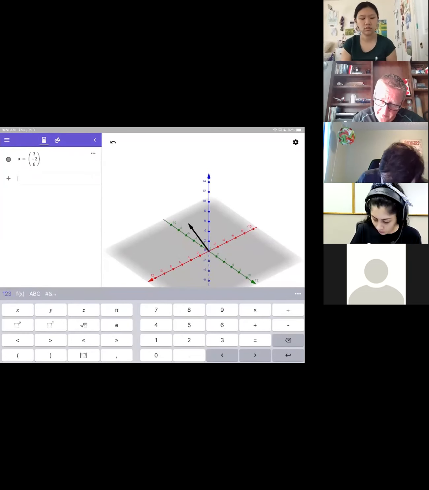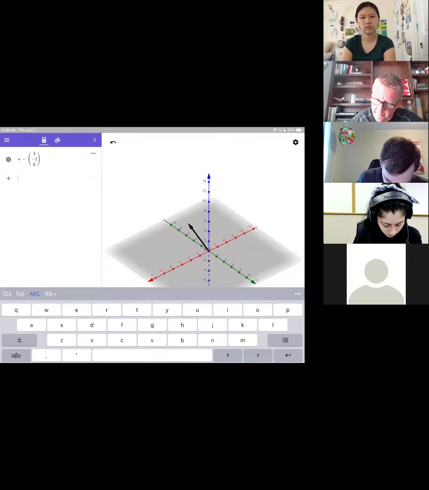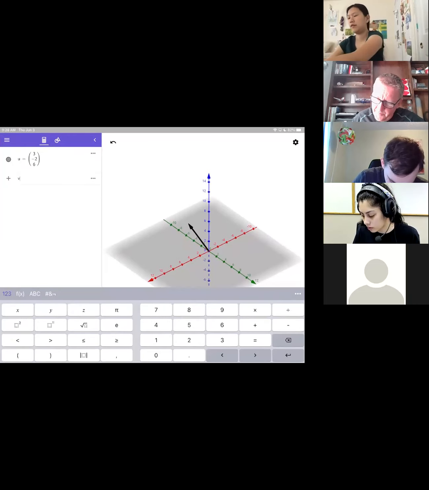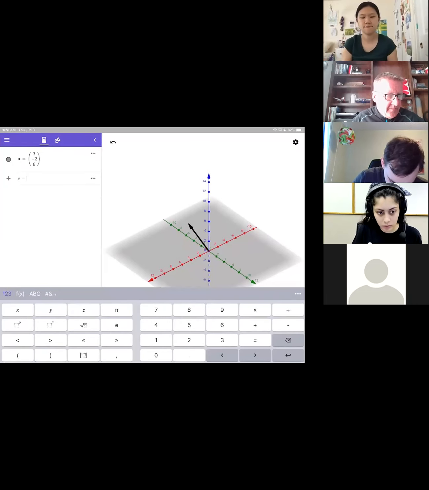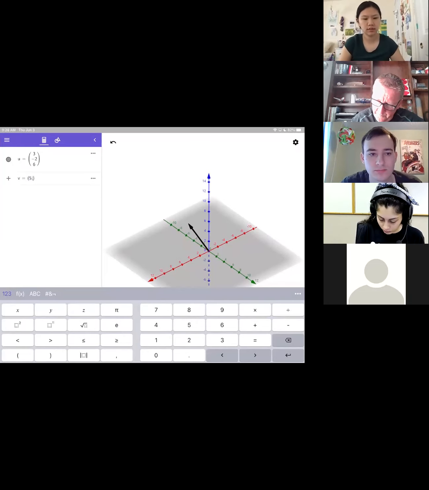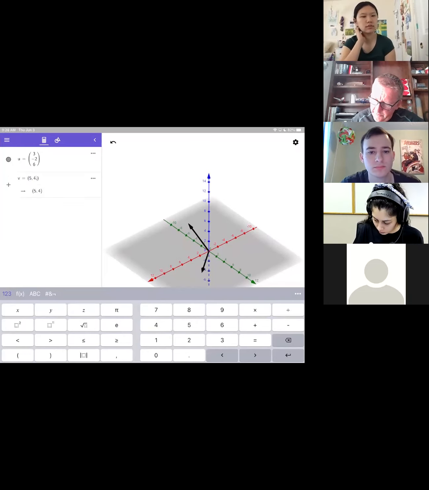But it actually doesn't have to be drawn off the point. It does in terms of the torque application, but this isn't. We're just drawing it. So 5, 4, -3, because remember, vectors can go anywhere.